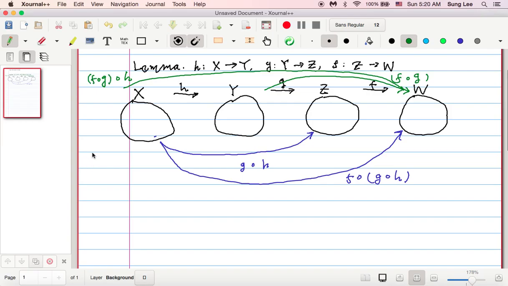This mapping. So what this lemma says is, either way, these are going to be the same. Okay, let's prove that.